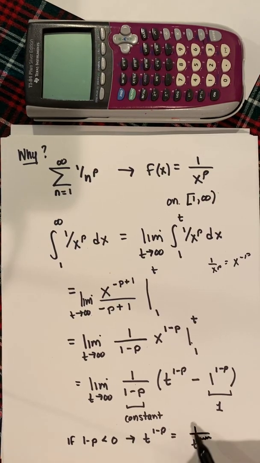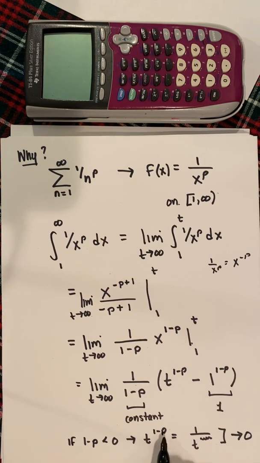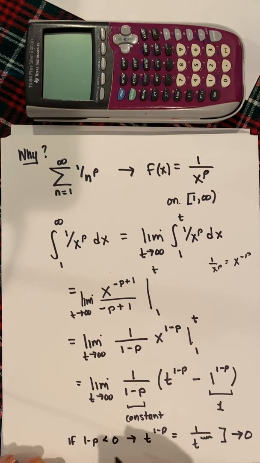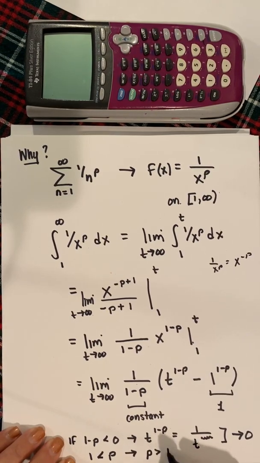And that's what we want. So then as t goes to infinity, this whole thing will go to 0. If 1 minus p is negative, t to the 1 minus p will be in the denominator, and that will go to 0. So 1 minus p is negative when 1 is less than p, or when p is greater than 1.